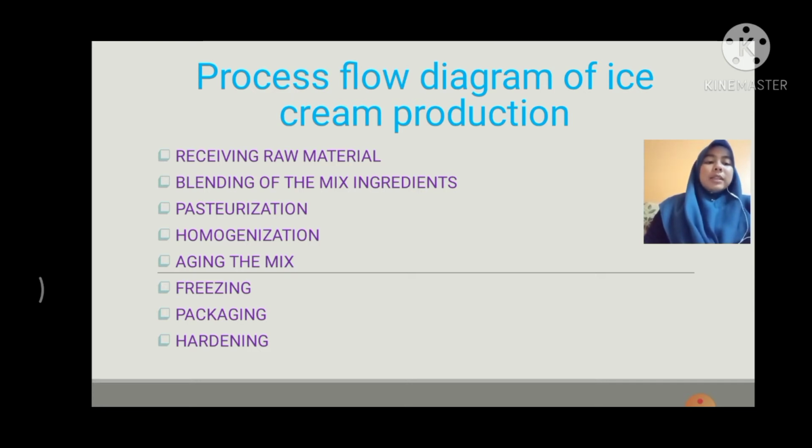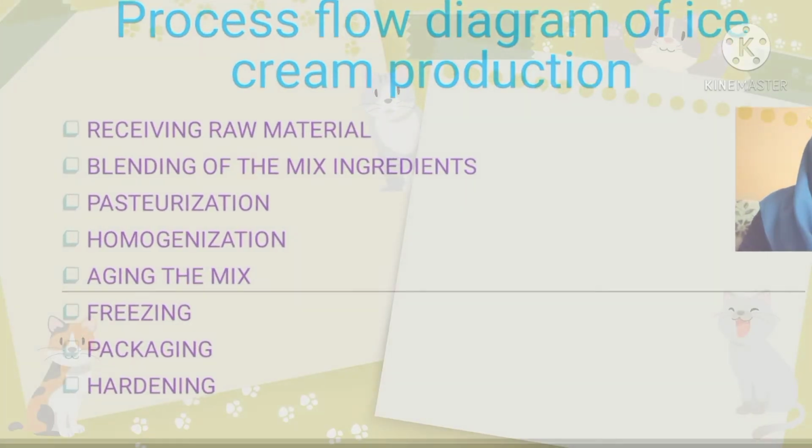Lastly, the packaging and hardening stage. After all the ingredients are added, the ice cream will be packed and placed into the blast freezer at -30 degrees Celsius to -40 degrees Celsius. Then the packaging will be placed at the hardening to freeze the food.